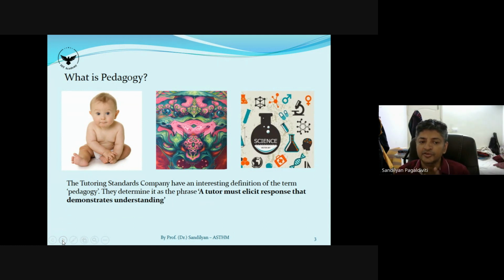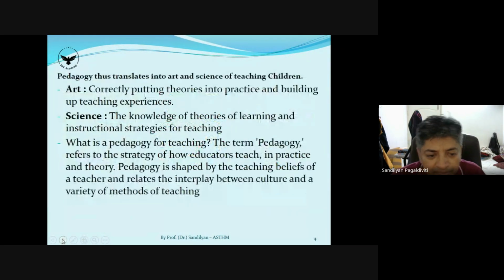Until and unless the response is there, we can, without hesitation, say that knowledge transfer has not happened. Which is the reason why I ask you all to share some response wherein I can understand that there is understanding happening. Anyway, can we move on to the next slide, ma'am?